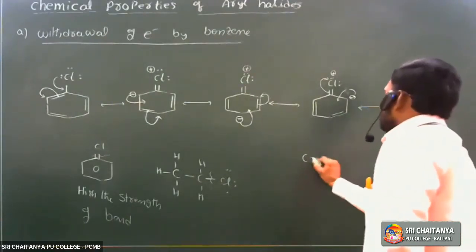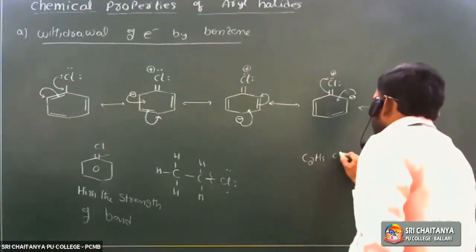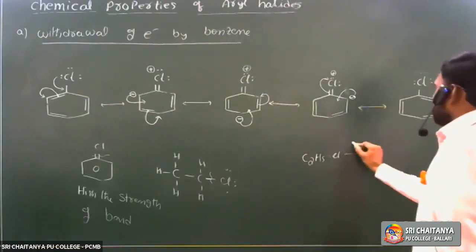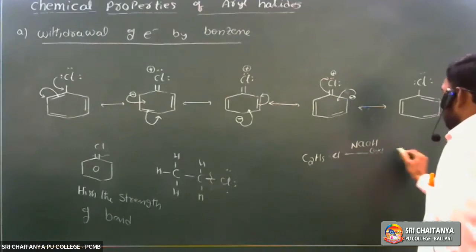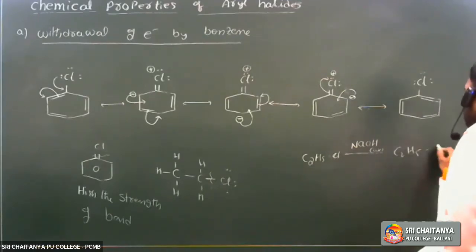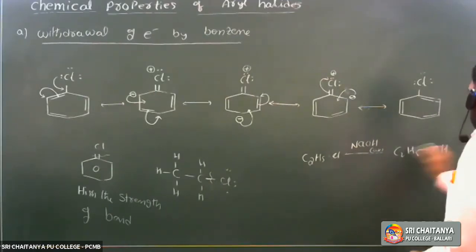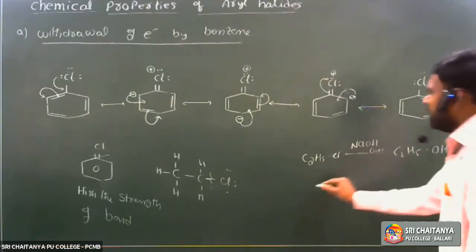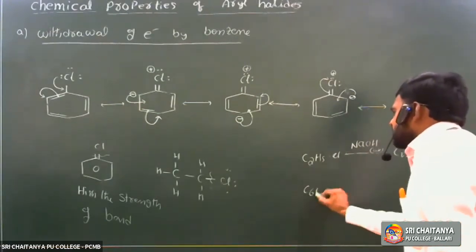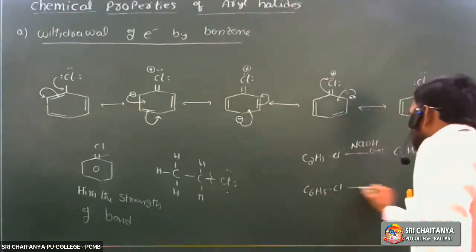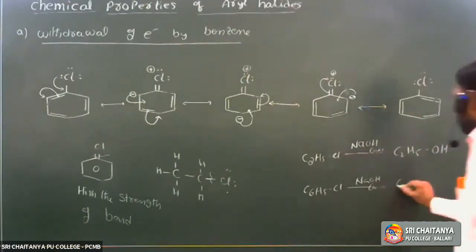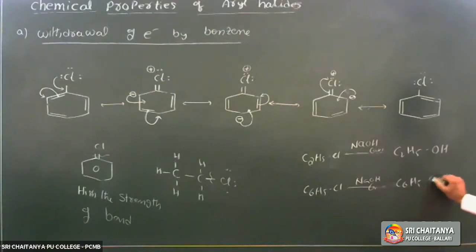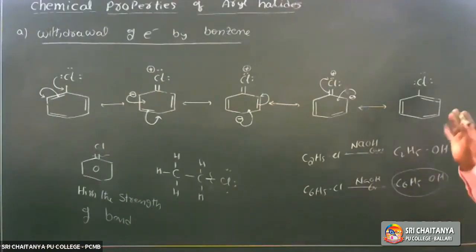If we take ethyl chloride, C2H5Cl treated with aqueous KOH, ethyl chloride is converted to ethyl alcohol. It is a very fast reaction. Whereas C6H5Cl treated with aqueous sodium hydroxide, formation of phenol C6H5OH is very, very difficult.